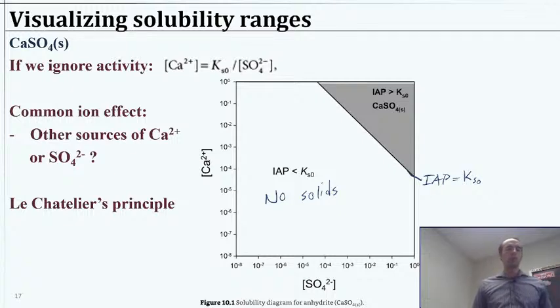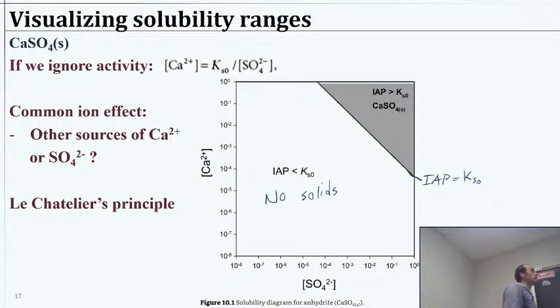We talked last time a little bit about Le Chatelier's principle for helping things to dissolve. Well, there's another concept that we would find important here, especially looking at this graph, is what's called the common ion effect. We can actually prevent things from dissolving if we have some source of extra calcium or sulfate in this situation, right?